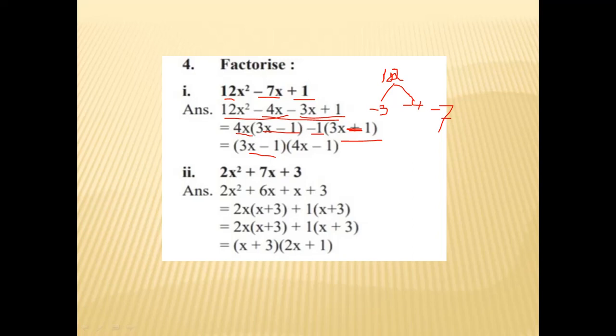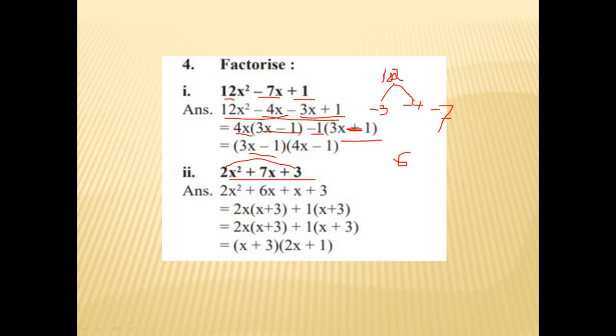Next one, 2x square plus 7x plus 3. In this case, the coefficient of x square is 2, the coefficient of constant is 3. Therefore, when we multiply these two, we get 6. This is plus 6.